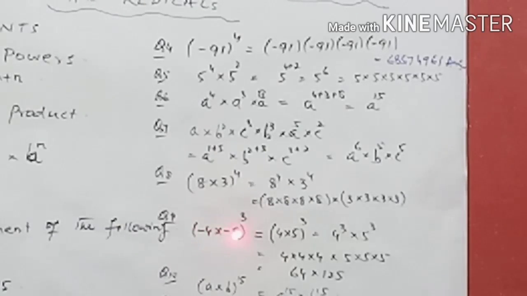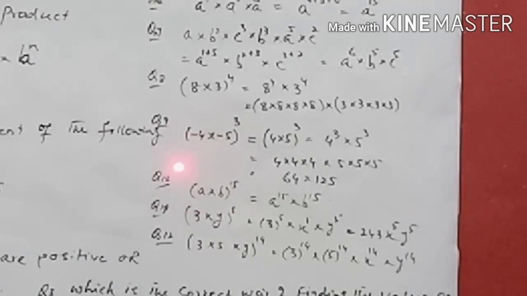Both the numbers in the bracket are negative, therefore we multiply minus into minus, the answer comes as plus, whether the power is negative or positive. 4 into 5 raised to power 3, that means 4 raised to power 3, 5 raised to power 3. 4 multiplied by itself 3 times and 5 multiplied by itself 3 times. The answer comes as 64 multiplied by 125. Now come to question number 10 of the exercise.